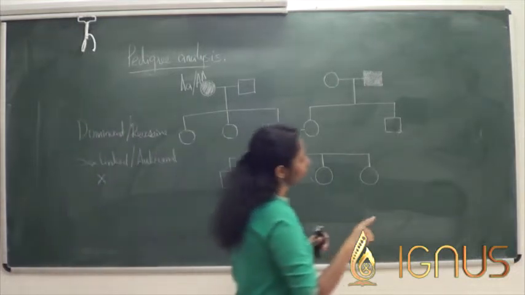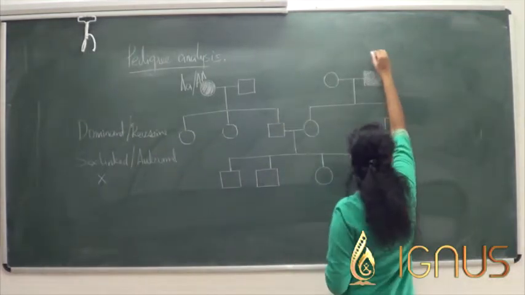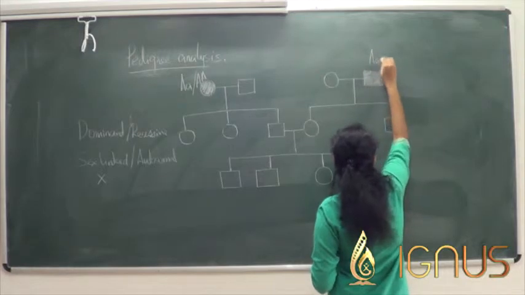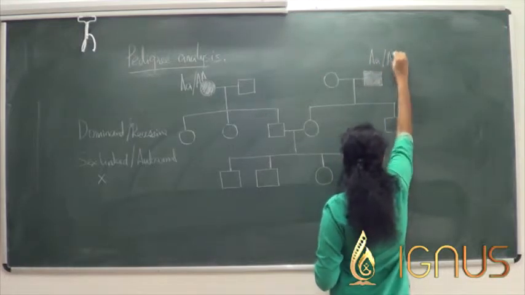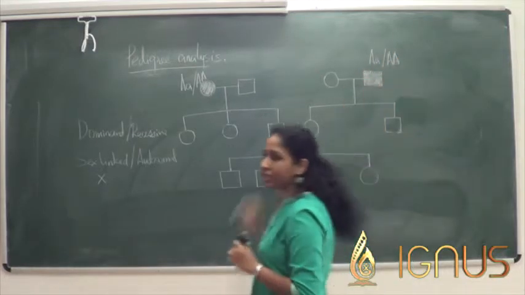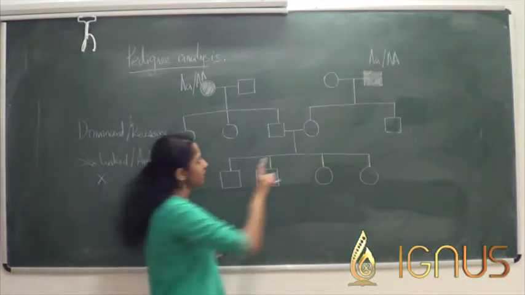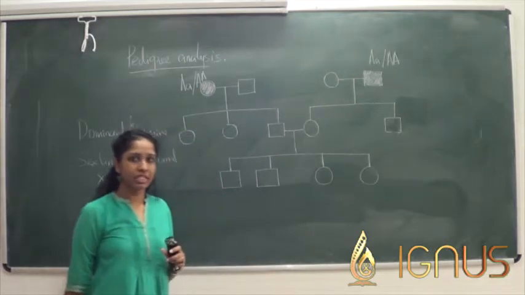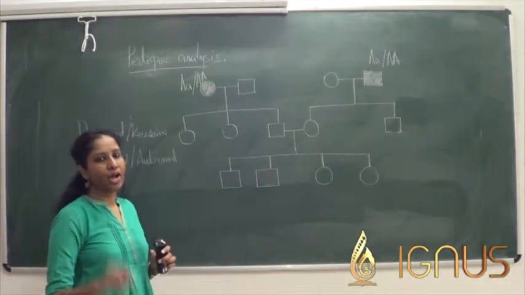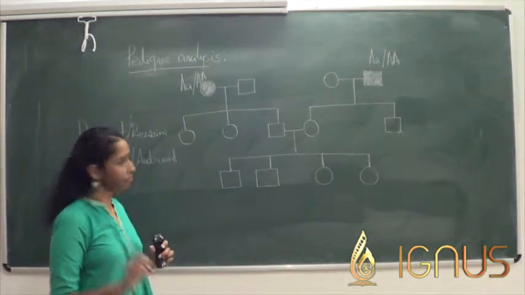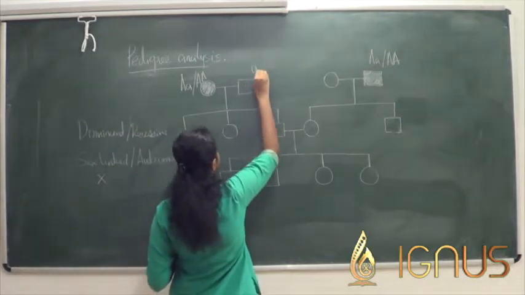Alright, and the same goes for the male also. He can have one dominant, one recessive, or both of them being dominant. Now we know that the male here is not affected and the female here is not affected, meaning that they need to have completely recessive traits. Correct?